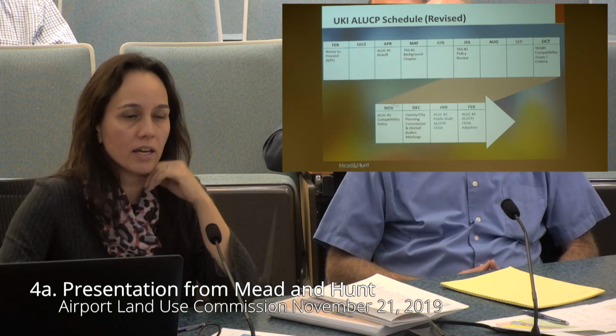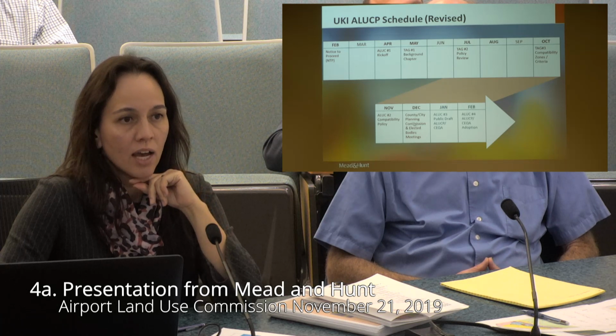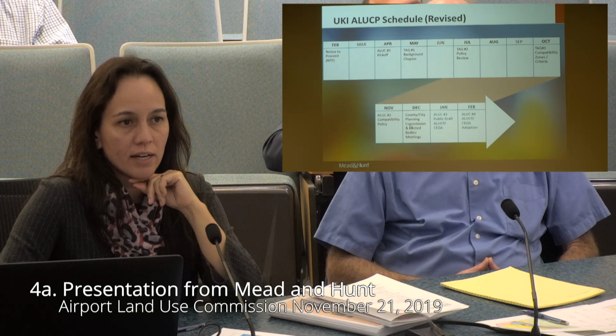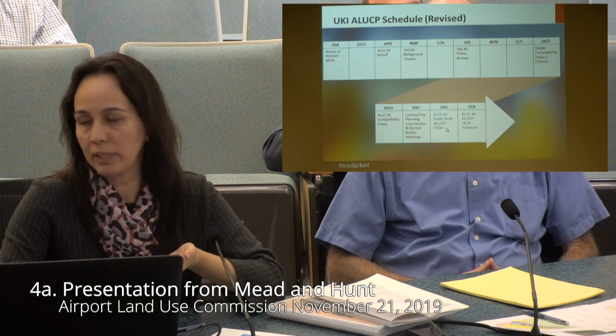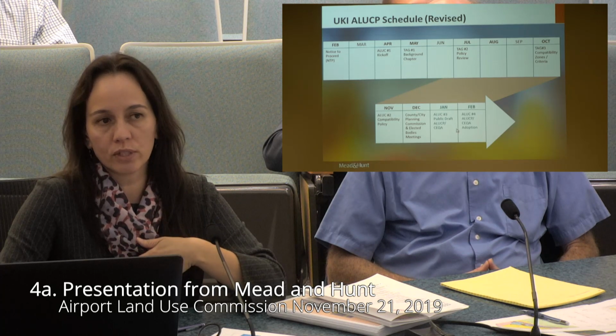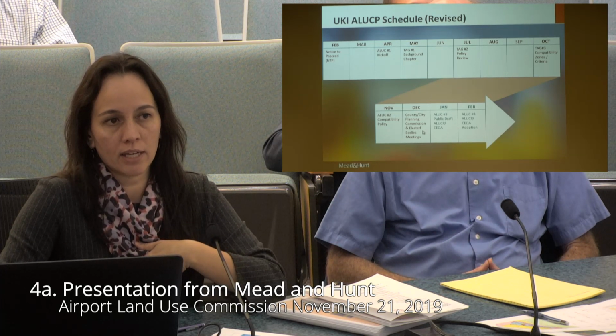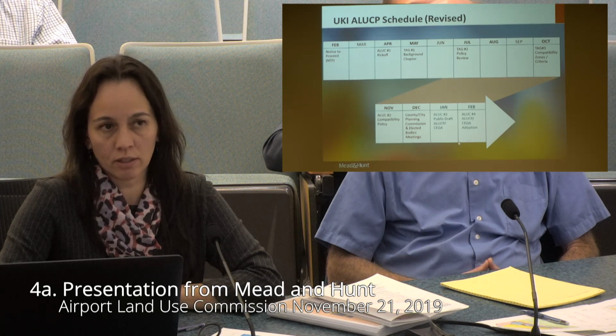In talking with the city, we're recommending that once we bring the draft plan to the commission in January, we would then hold the joint county-city meeting with the elected bodies after we present the draft plan to the commission.